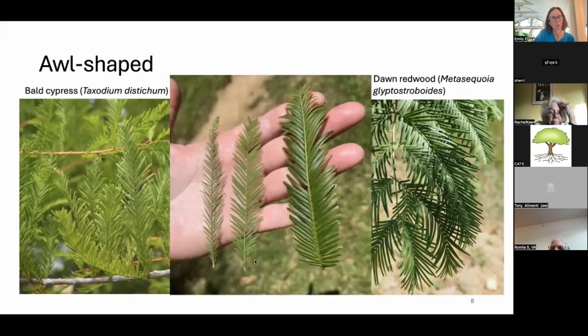We have the bald cypress on the left, and we have the Dawn redwood on the right. And the Dawn redwood is much bigger and more robust than the bald cypress. And both of these conifers lose all of their needles in winter, just so that no one is surprised.